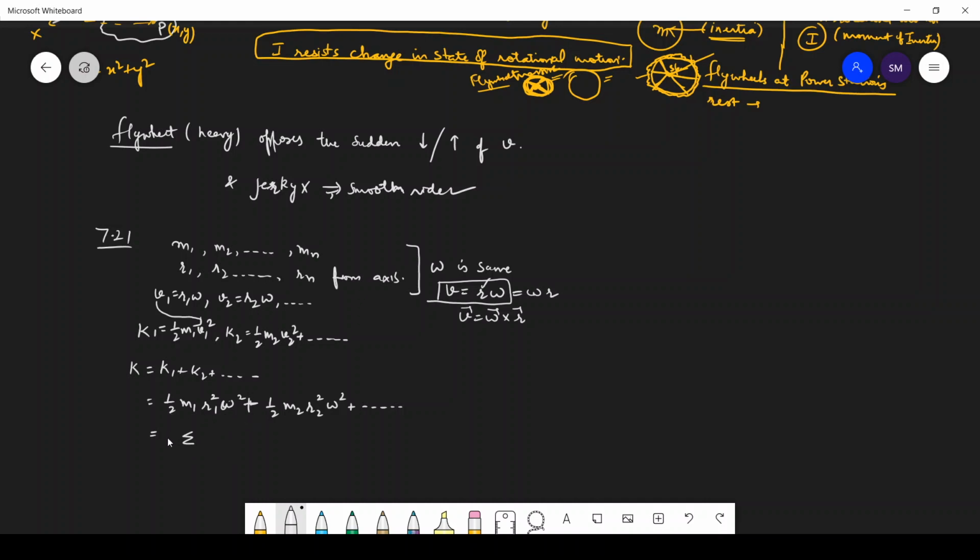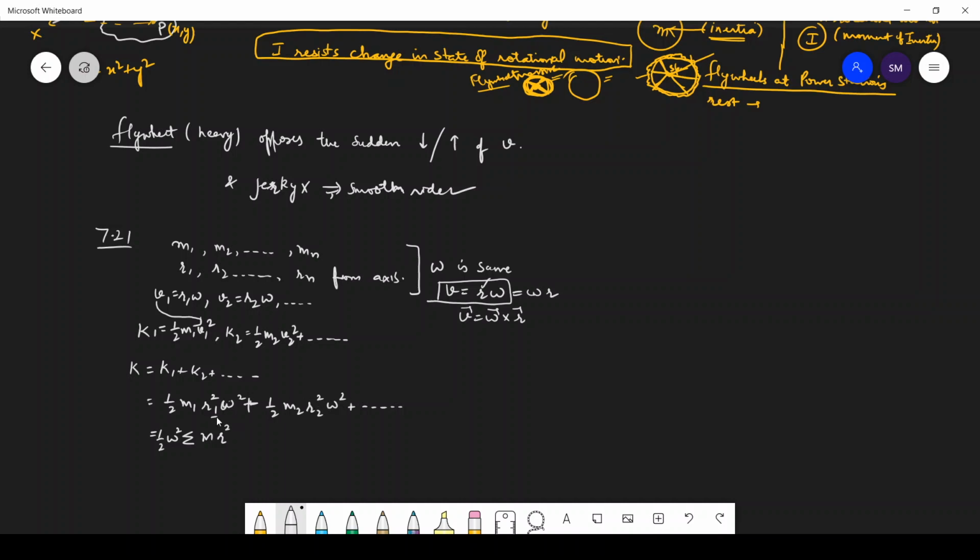Now take the constants outside. What are the constant quantities? We have half constant, and omega square is also constant. So what are we left with? See, the variables we are supposed to change. So m is same. Okay. r is also same. Square, so this square is also same.